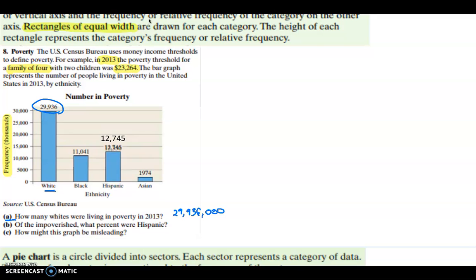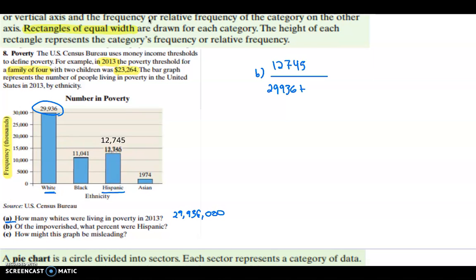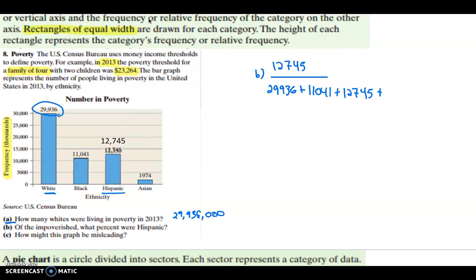The next one, part B, says of the impoverished, what percentage were Hispanic? So the Hispanic population is right here. I'm going to find their relative frequency. So I'm going to take 12,745 and divide it by the total frequency, which is 29,936 for the whites, plus black, which was 11,041, plus you do need to throw in the Hispanic in there because they are part of the sum total, even though we're finding their relative frequency.